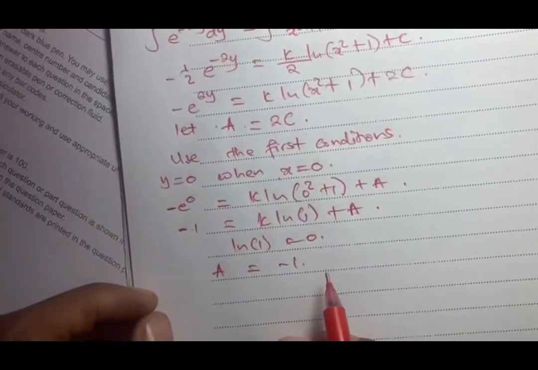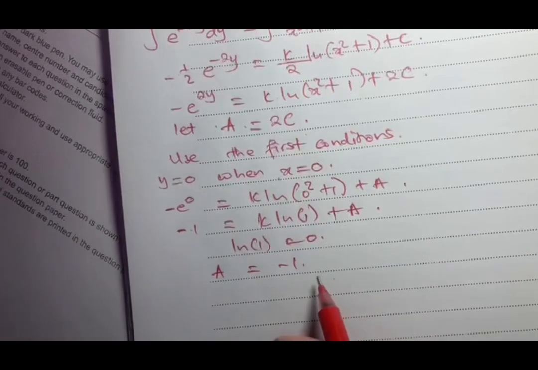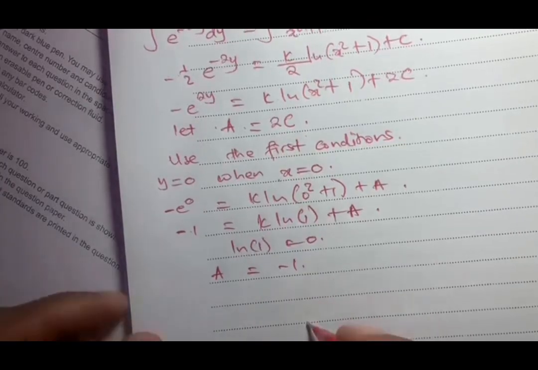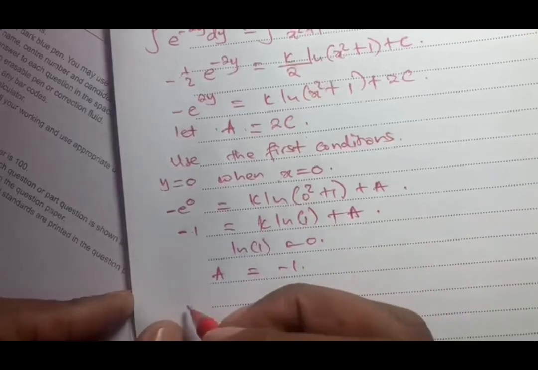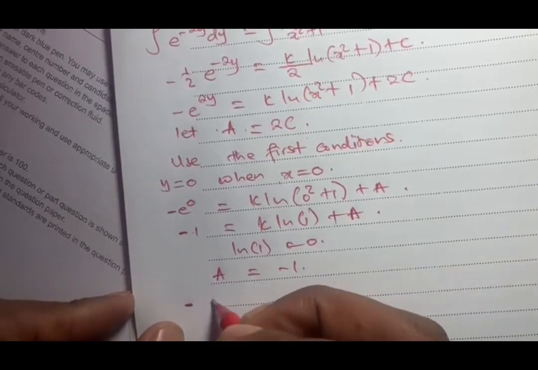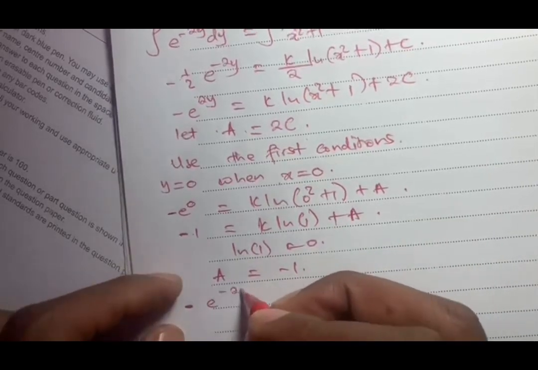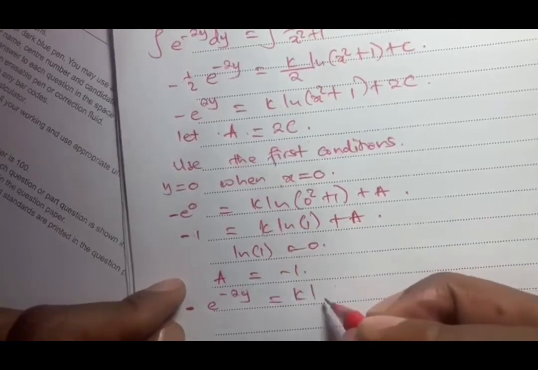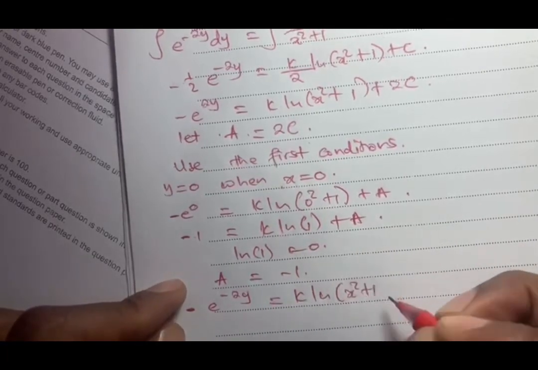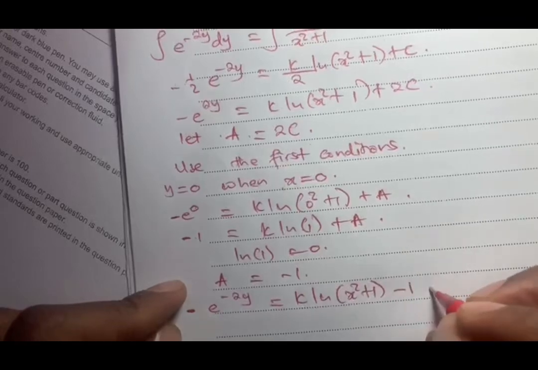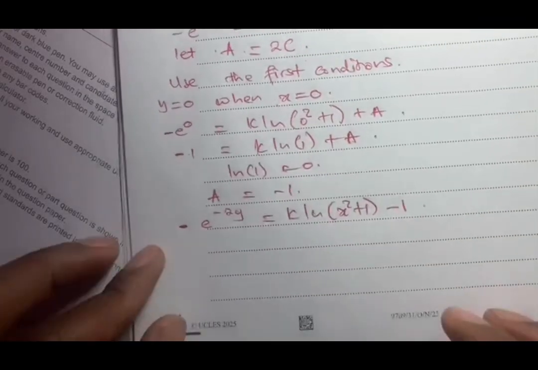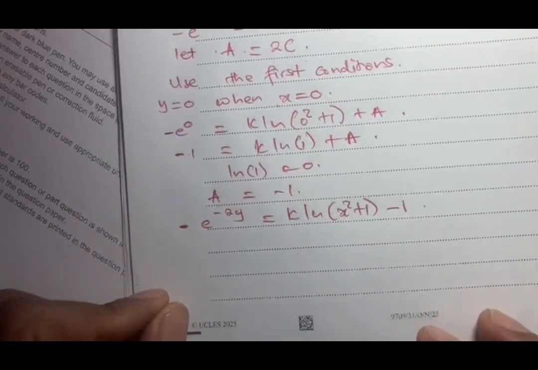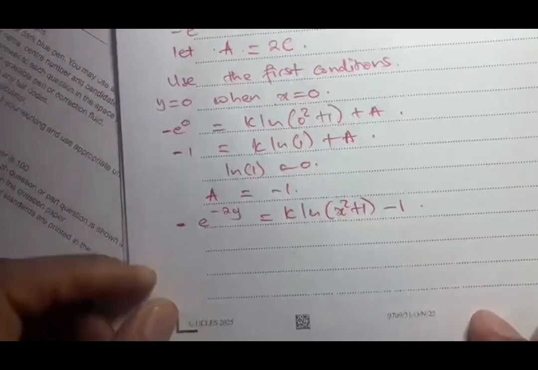So if A is equivalent to negative 1, then of course the equation becomes minus e to the power of minus 2y equal to k ln(x squared plus 1) minus 1, because I put the constant A inside there.